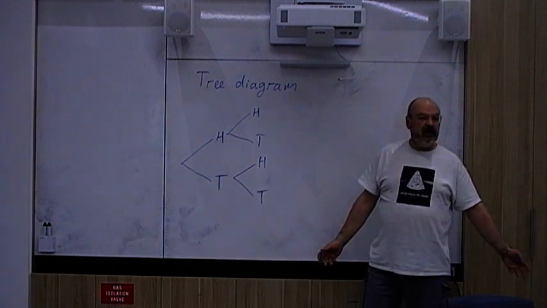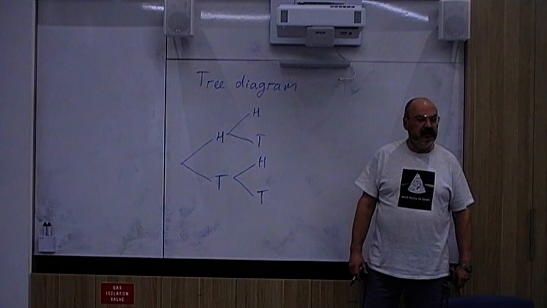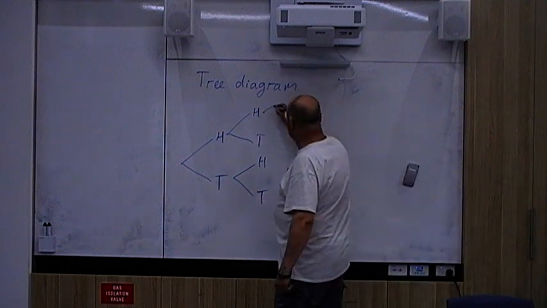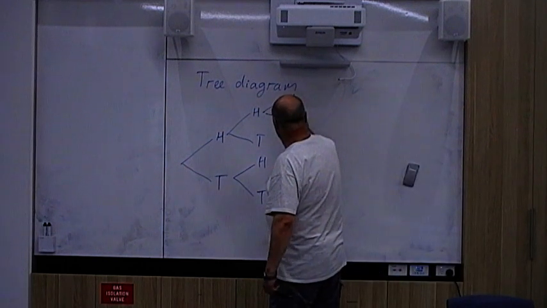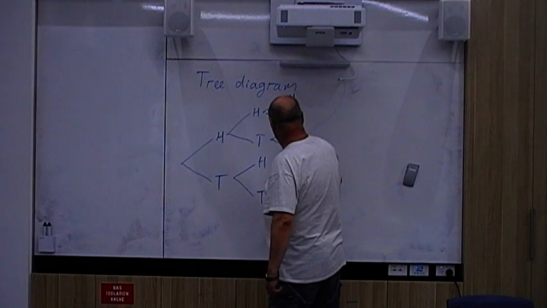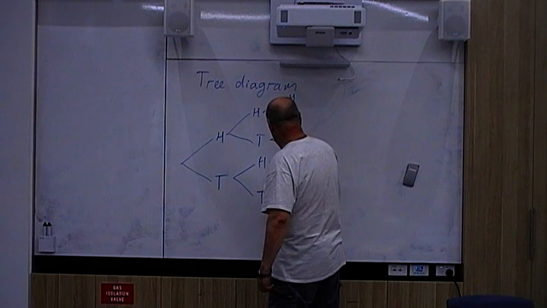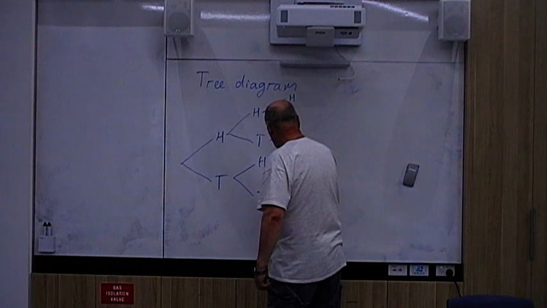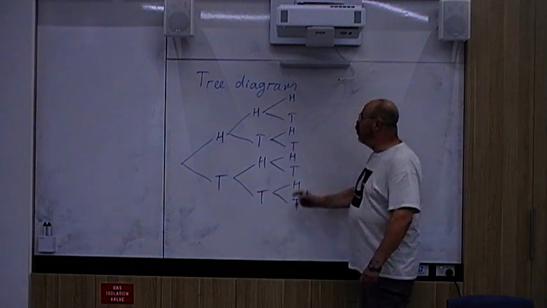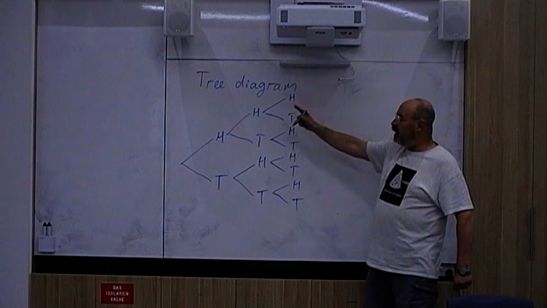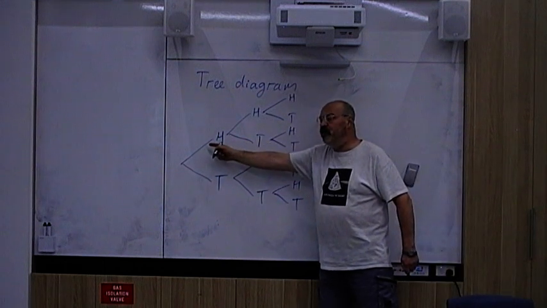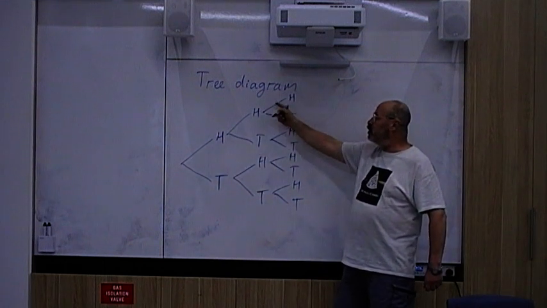And then we toss it a third time. We again can get head, tail, head, tail, head, tail, head, tail. So what will be the total outcome here? If you go along this branch, what is the outcome?